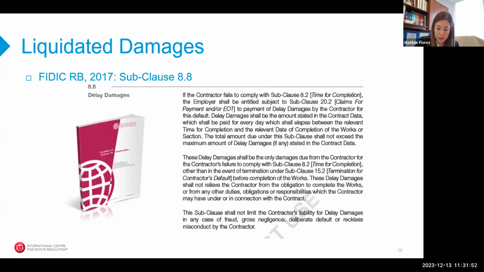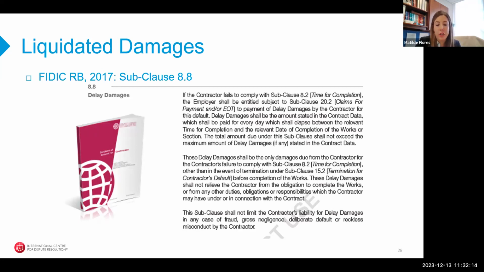And then if we turn to the next slide, we see that the FIDIC Red Book also has a concept of delay liquidated damages in the event that the contractor fails to meet the contractual completion date, and this is subclause 8.8, which we have on the screen.